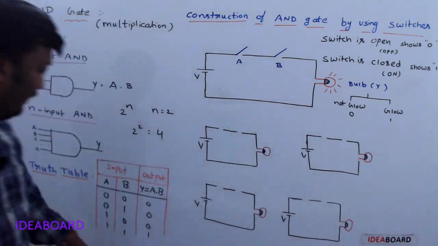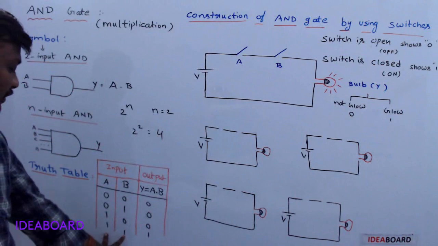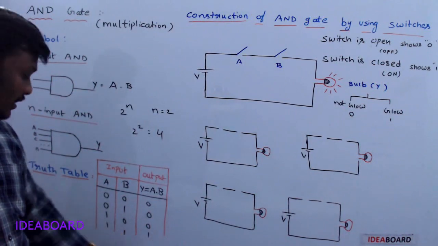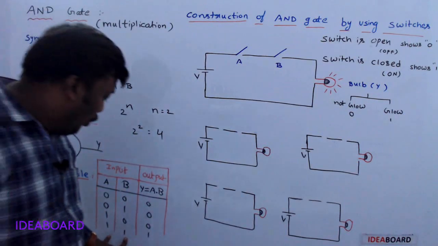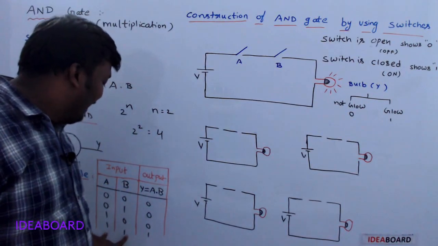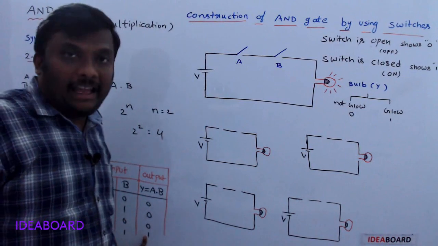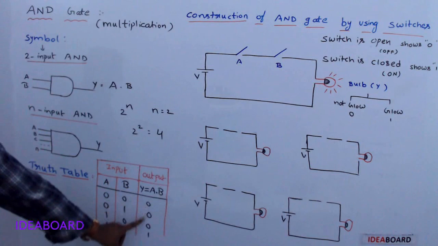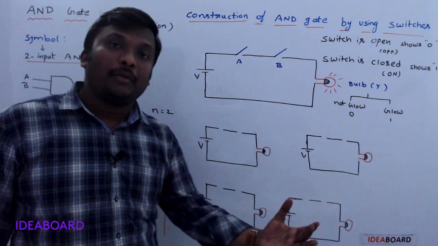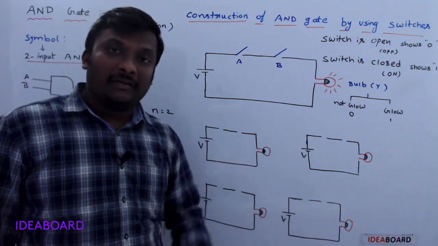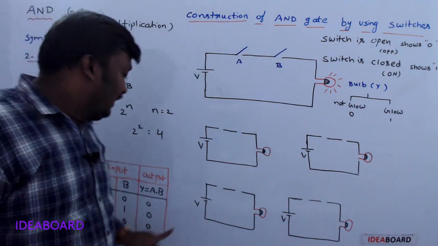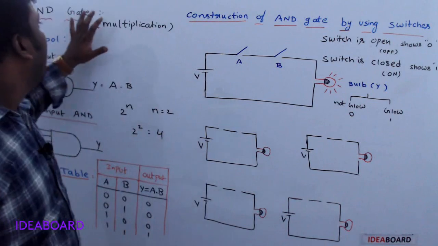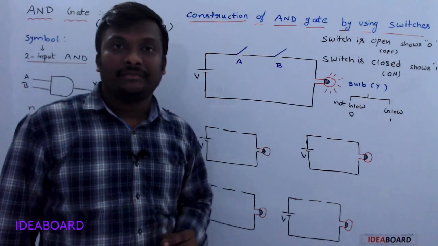Otherwise, if both inputs are 1, output is 1. If both inputs are high, output is high. Any input low, output low. Only when both inputs are high, the output is high. That is the logic behind the AND gate.